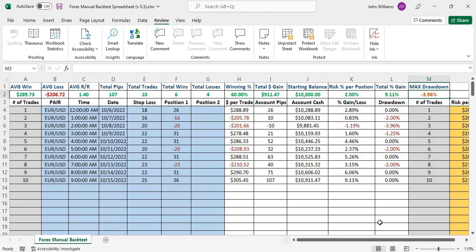So again, as I said, you can let me know if this is a tool that could be useful in your forex trading. If it would be something useful in your arsenal as you go about to be the best forex trader you can.